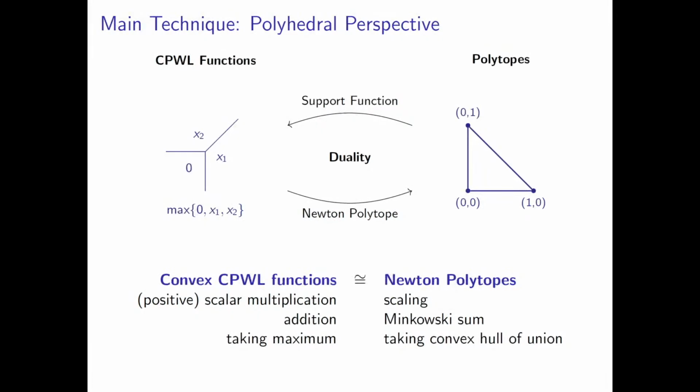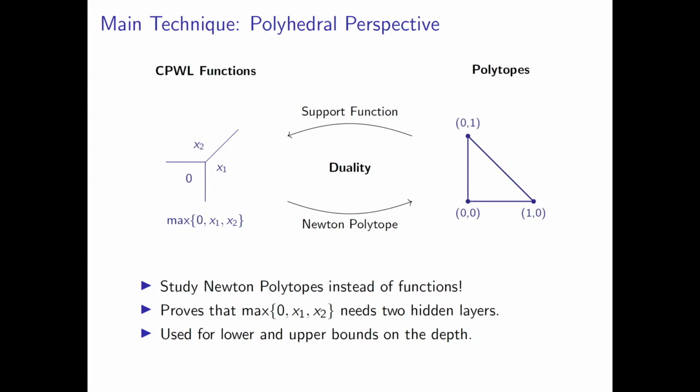Okay. And why is this cool? This is cool because you can use this isomorphism to prove things about neural networks, or let's say neural network expressivity.